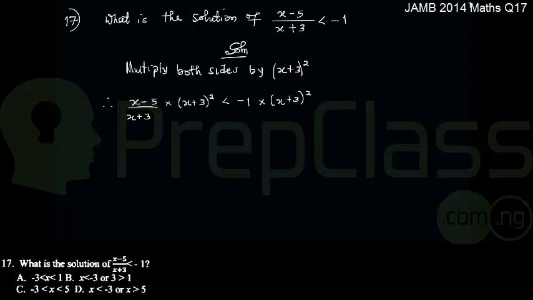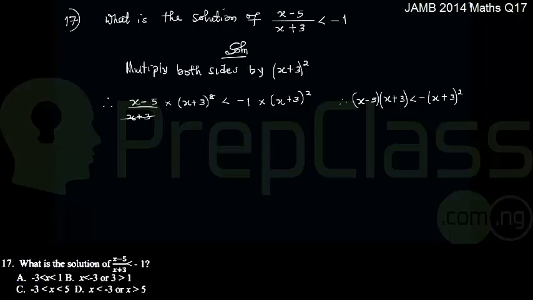In simplifying, we cancel out the square here, and this now becomes (x minus 5) into bracket (x plus 3) all less than minus into bracket (x plus 3) all squared.